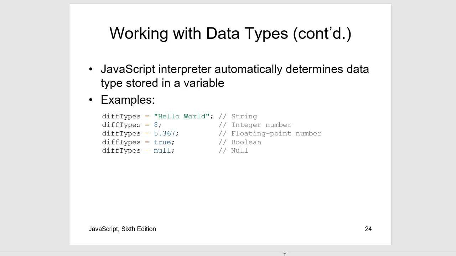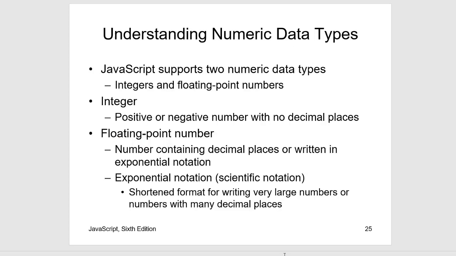So JavaScript is what's called loosely typed because it will automatically determine the data type stored in a variable. You can create different types, as you see in these examples on the screen right now. You don't have to say integer or floating point or Boolean or even null. You just type it in.